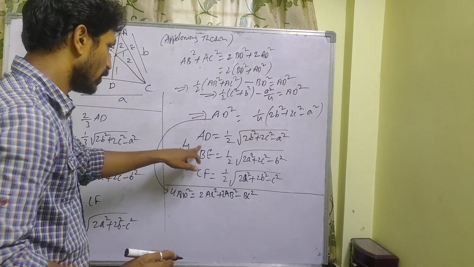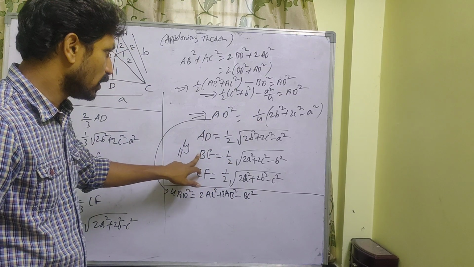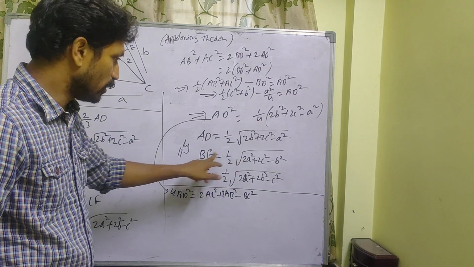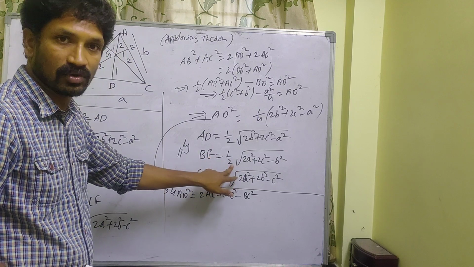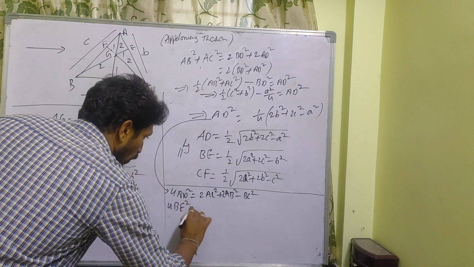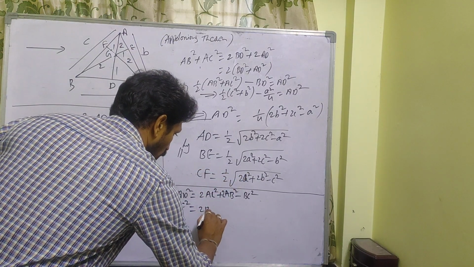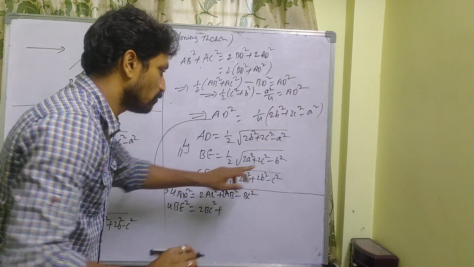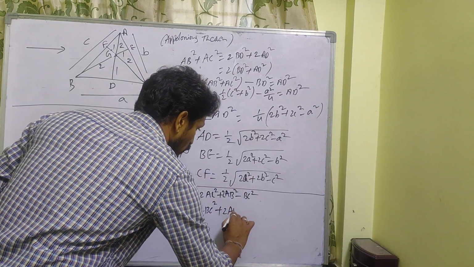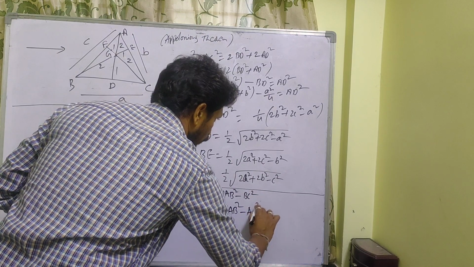Next, similarly we have written. If you want to write BE square, squaring on both sides, this becomes 4 times BE square, which is equal to 2 times A square, that is 2 times BC square, plus 2 times C square, that is 2 times AB square, minus B square, which means AC square.